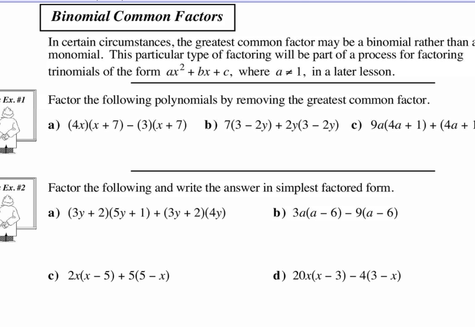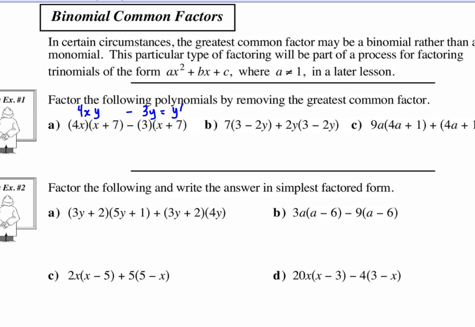This first example, if I had 4x times y minus 3y, what would you factor out of both of those? I just made it up, okay? So what I did is I said x plus 7, I'm going to call y, so instead of having a binomial, I'm going to have it as a y. What can you factor out of both of those terms? Y, okay?